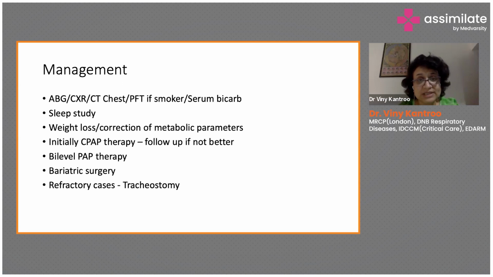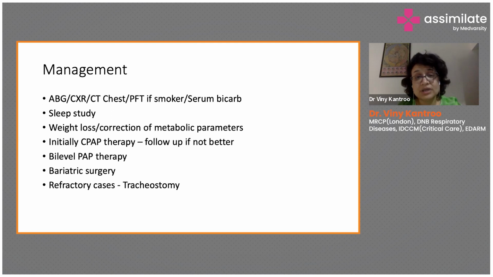We have to do a chest X-ray in these patients also to rule out any parenchymal causes of their respiratory failure. These patients, as I told you, could be having a pneumonia sitting in there causing the hyponatremia, which needs to be treated, of course, and your TLC would not be increased in case of any atypical pneumonias or viral pneumonias.